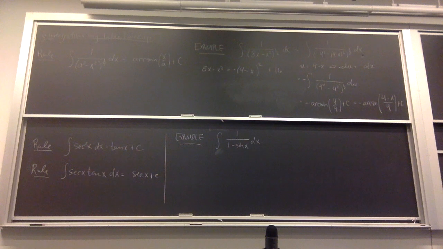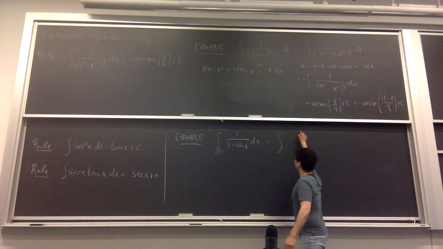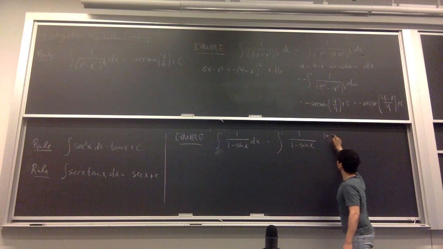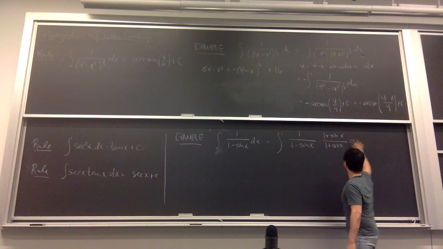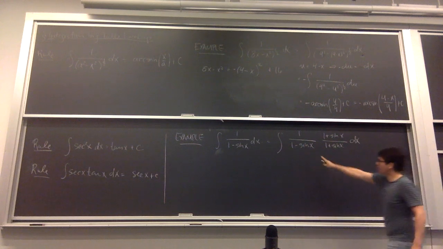So how would you go about doing this? Okay, I'll give you one strong hint: multiply the top and bottom by 1 plus sine x. That's handy, because what do you get on the bottom now?